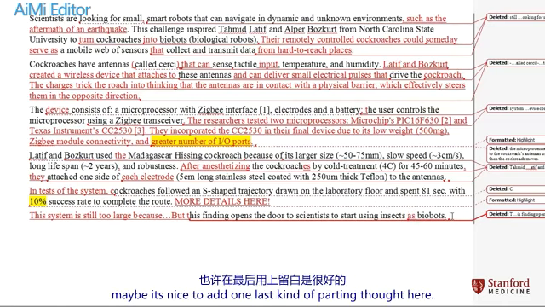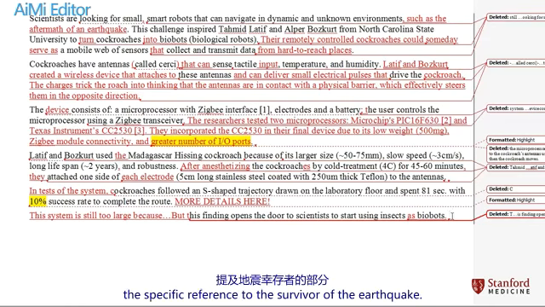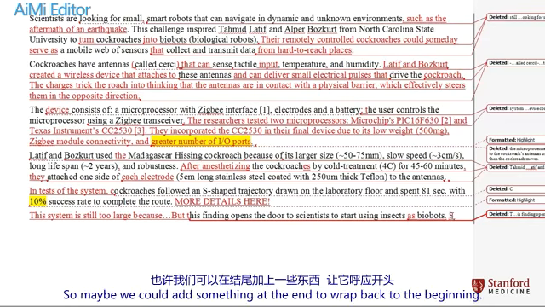Maybe it's nice to add one last kind of parting thought here. So I mentioned that I cut out of that first paragraph the specific reference to the survivor of the earthquake. So maybe we could add something at the end to wrap back to the beginning.